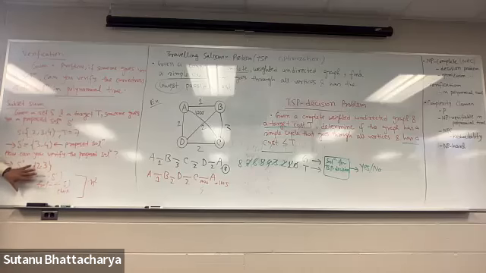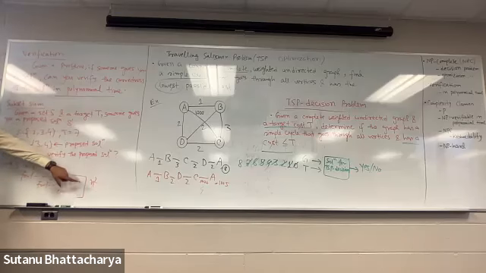So the time complexity to verify whether the proposed solution is correct or not is n squared, which is polynomial, right? So subset sum is a decision problem, and verifying the proposed solution for this decision problem is polynomial. So we can verify the solution of this decision problem in polynomial time.